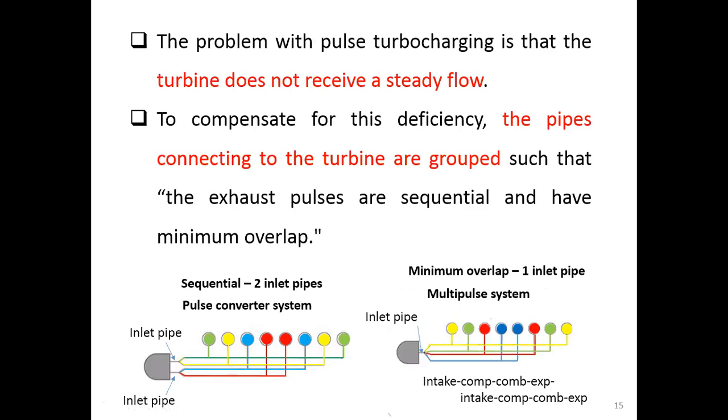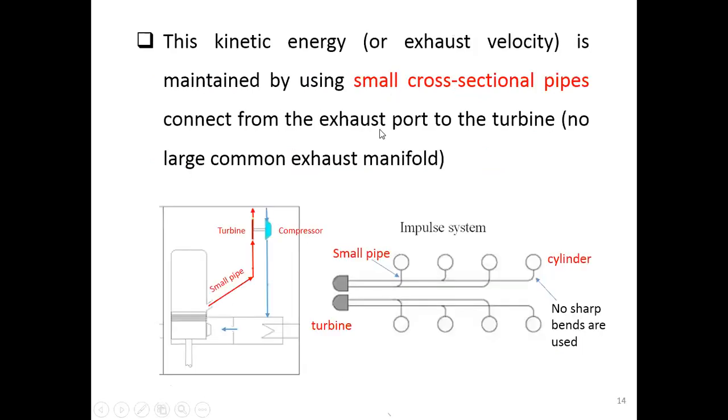And again, the concept is based on constant kinetic energy. But the problem that we receive when we try to keep the kinetic energy is that we will have the problem of unsteady flow. The turbine will not receive a steady flow. You look at these pictures, the flow is still a pulsating flow.